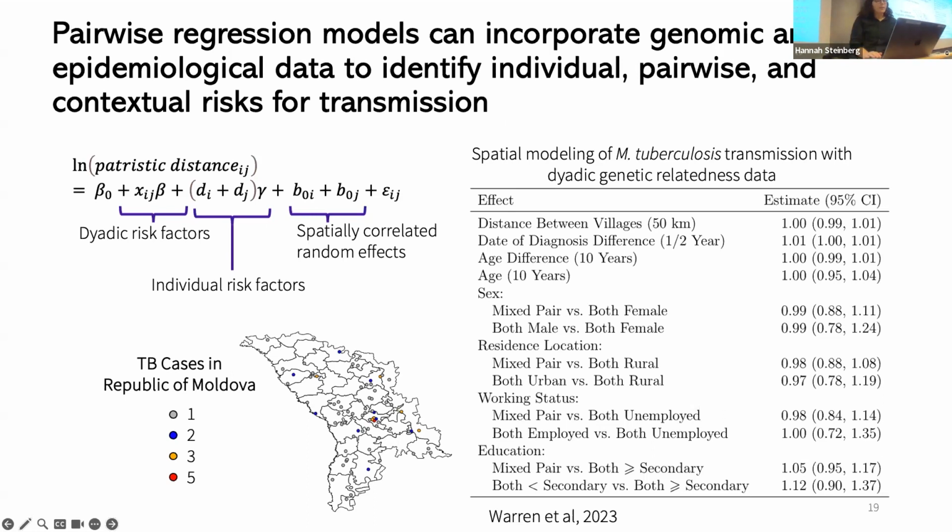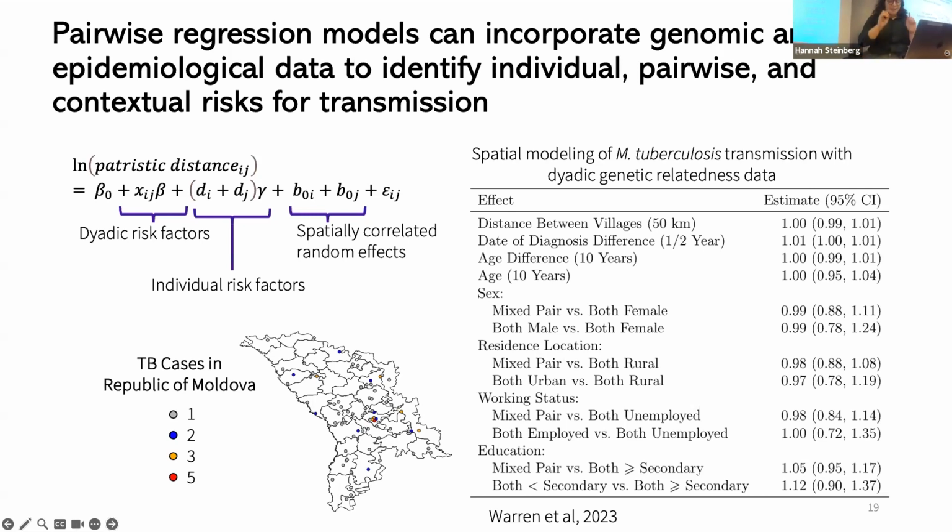The outcome of the model is the log patristic distance, which is another measure of how closely related two isolates are. And then he uses pairwise covariates, such as distance between villages and age difference, and then individual covariates: sex, residence, working status, and education, to see if any of these things are related to how closely related tuberculosis isolates are, and if there's evidence of transmission risk factors.